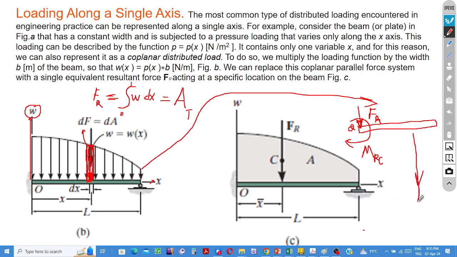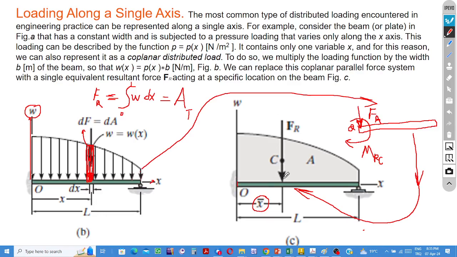This system can be replaced with a new one, where we have only one vector. It is the resultant force vector. It is at a special location, x bar millimeters or meters away from the reference point.